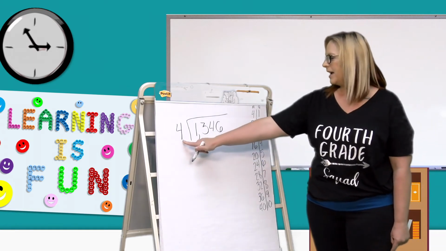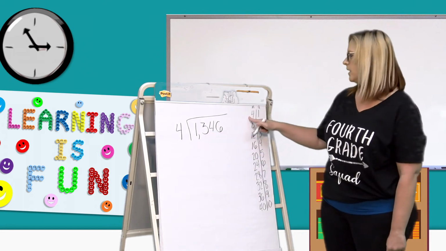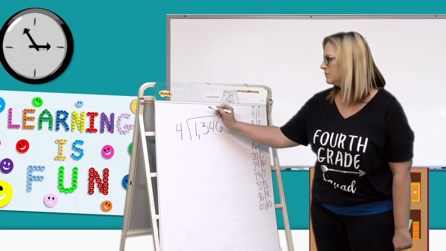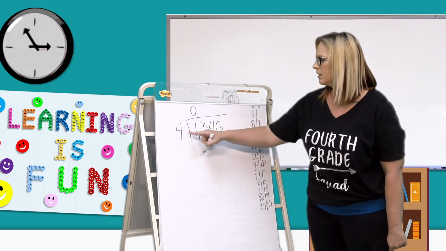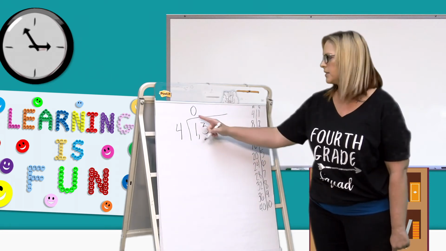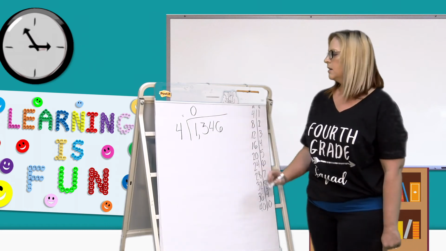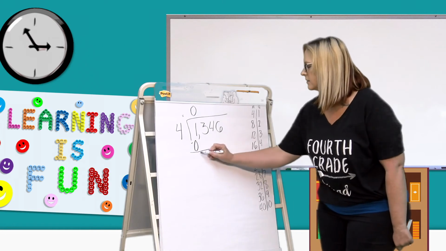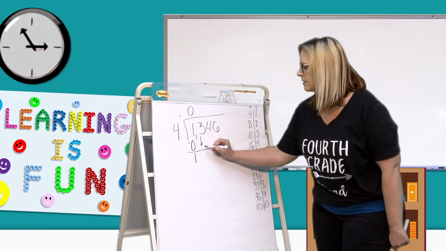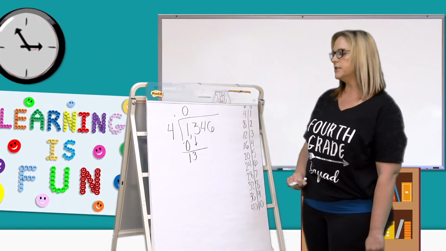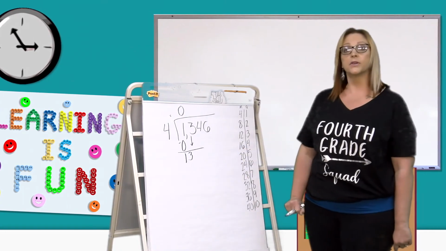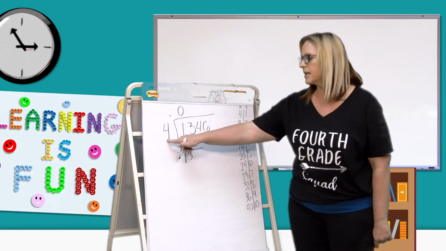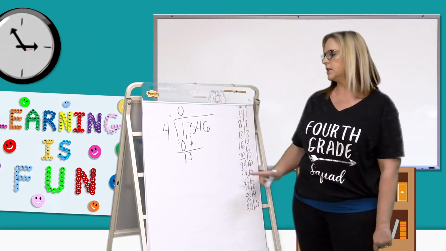So I look, how many times can 4 go into 1? Well, my smallest multiple up here is 4, so this is going to be a 0. 4 goes into 1 0 times. 4 times 0 is 0. We subtract. We bring down the next number in our dividend, and we now have 13. And we do that process all over again. How many times can 4 go into 13?